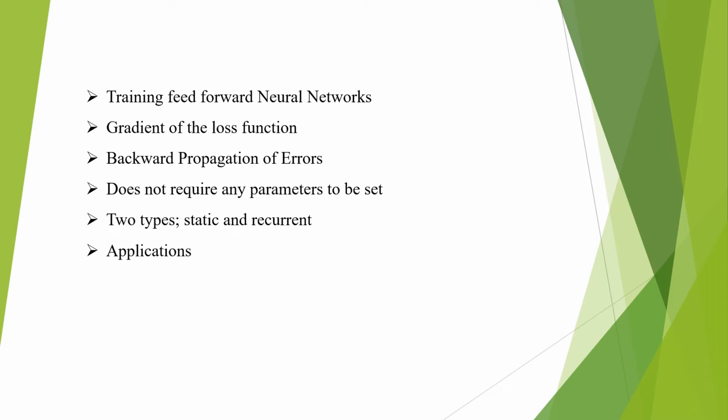Also, the activation in recurrent backpropagation is feed forward until a fixed value is reached. Static backpropagation provides an instant mapping, while the recurrent backpropagation does not provide any instant mapping.